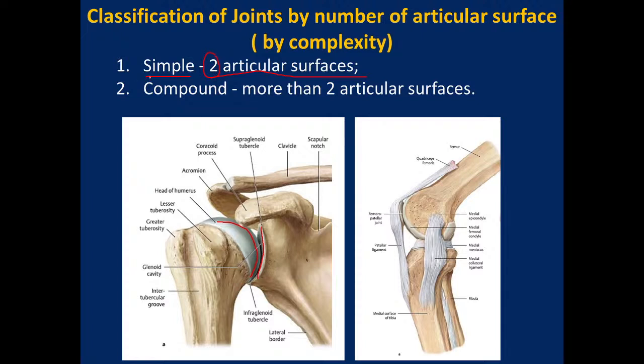That type of joint we call simple. But if there are more than two articular surfaces, for example in the knee joint, 1, 2, and 3 surfaces, those joints we call compound joints.